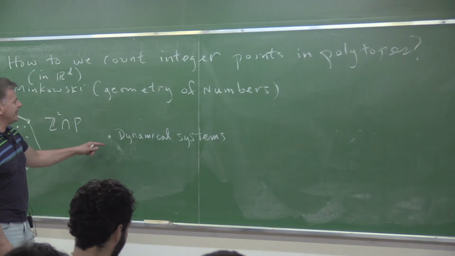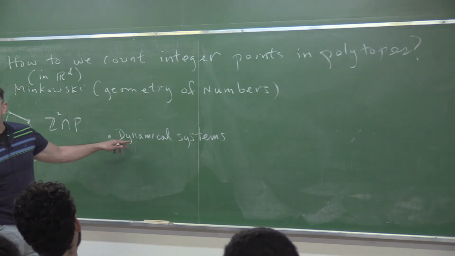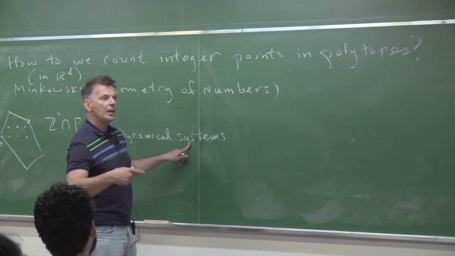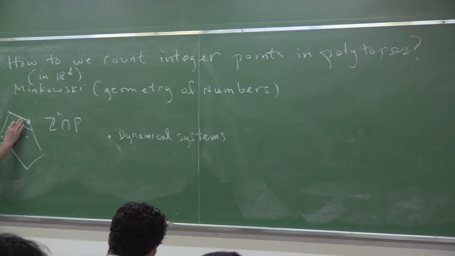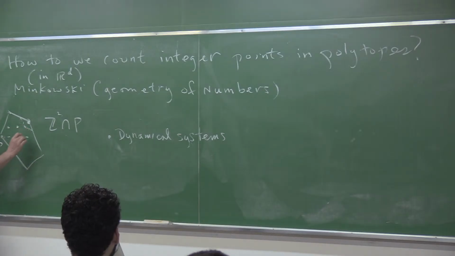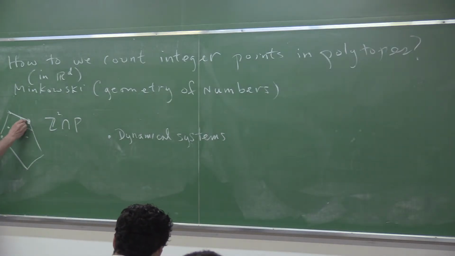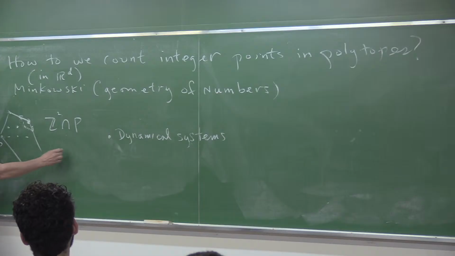So there's a very easy dynamical system on a flat torus. At every vertex of the polygon, it turns out there's a flat torus. There's a half-open parallelepiped. We'll get into this. And so there's a little flat torus here.